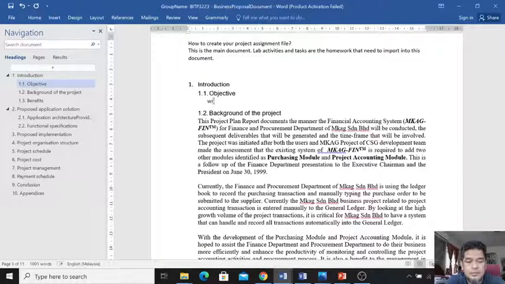Write down all your system objectives here, in sentences. Avoid using bullet style of writing.